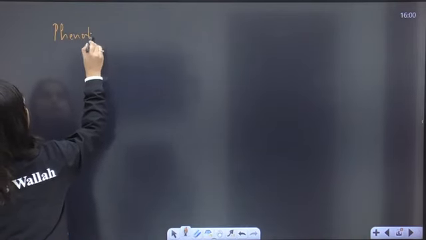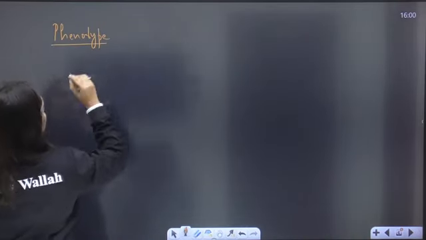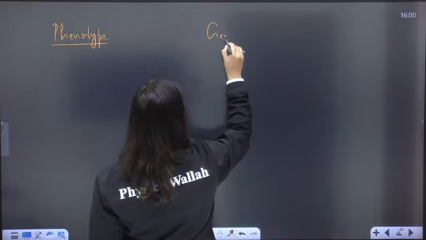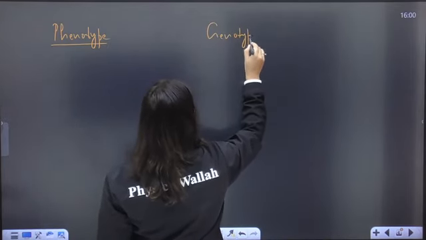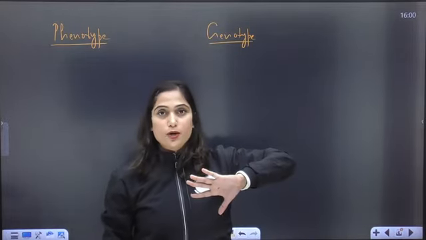Now let's understand what is phenotype and what is genotype. Phenotype is the morphological appearance. Let's say I can see from outside and tell that the plant is tall or dwarf.